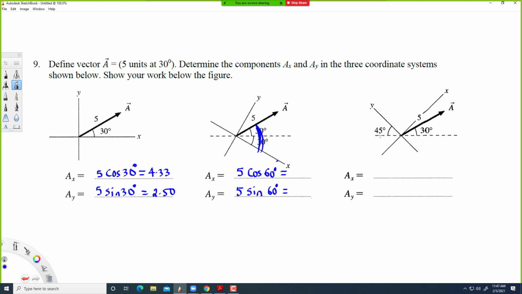How about in this one? So this is our vector. We need to measure with respect to the x-axis. So this would be our angle. What's the angle? I'll let you guys figure that out. Do a little bit of geometry and find out that angle.